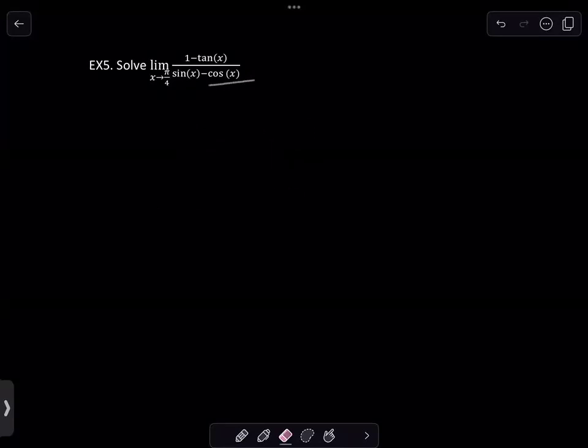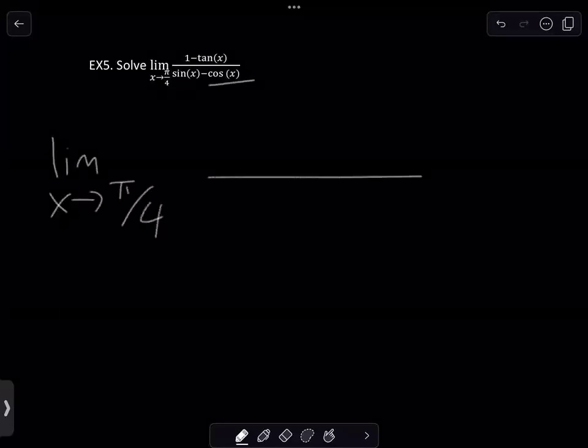So excellent. I have an indeterminate form, 0/0. Let's use Bernoulli's rule. So it's going to be the limit as x approaches pi/4. Let's just differentiate the numerator. The derivative of tangent is secant squared, and I have minus tangent, so it's going to be minus secant squared x. And then the derivative of sine x is going to be cosine x.